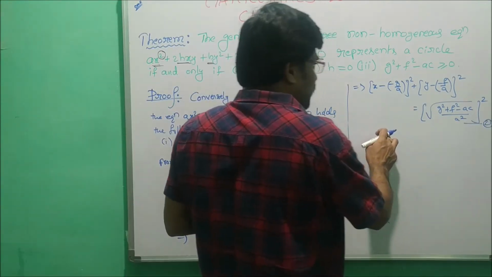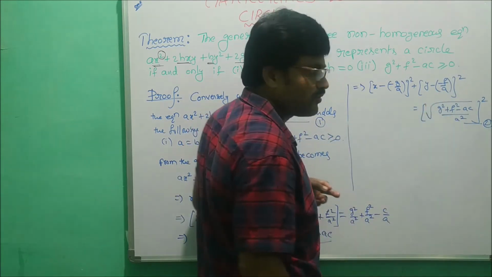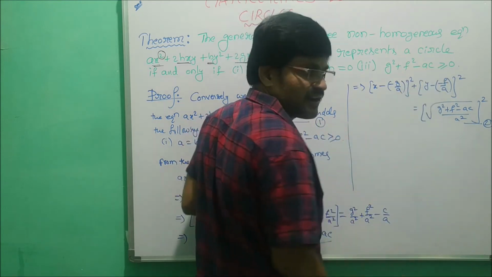So here we observe that in equation 2 the RHS value is always positive, because from the third condition g² + f² − ac is greater than or equal to 0.